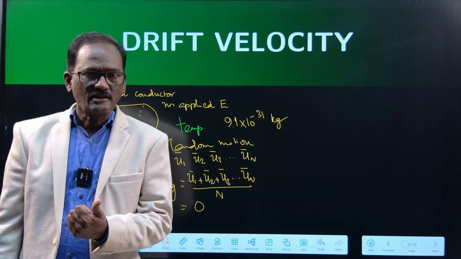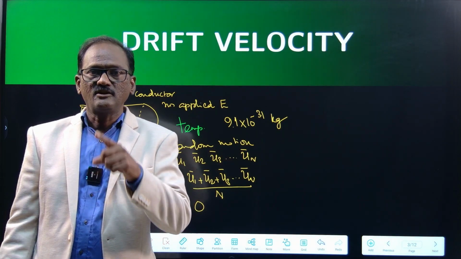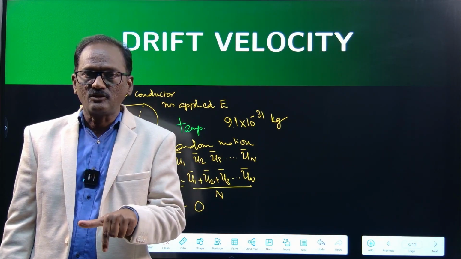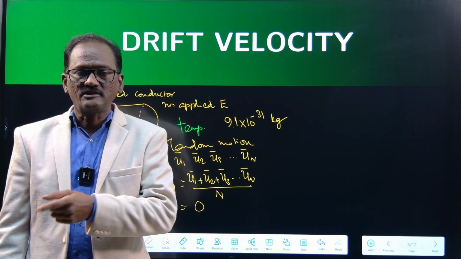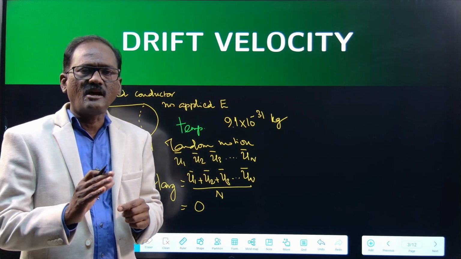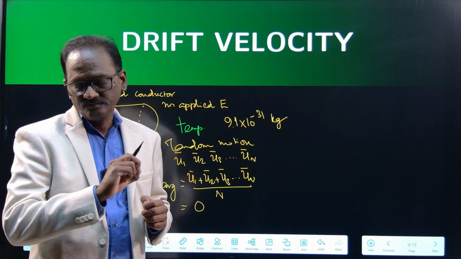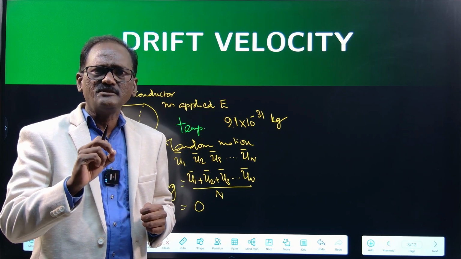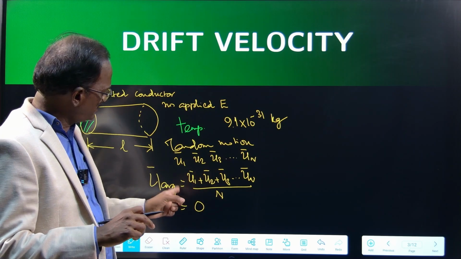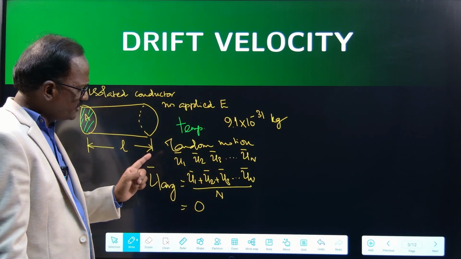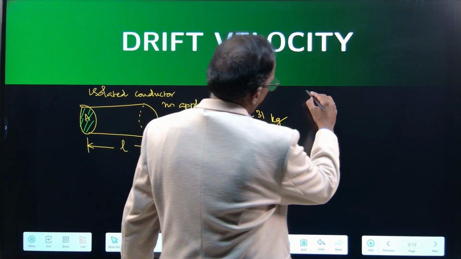Because if one electron goes left hand side, another electron may go right hand side. One electron goes upwards, another electron goes downwards, right? Similarly, northeast direction, southwest direction, for all the electrons, in all the directions, an equivalent opposite direction is available. So some electrons may take the opposite direction. So if you put together to find the average, the value of this velocity becomes 0, right? This velocity is known as thermal velocity.